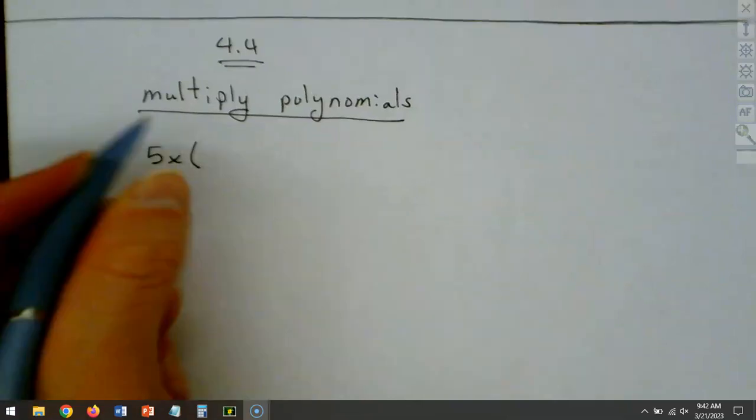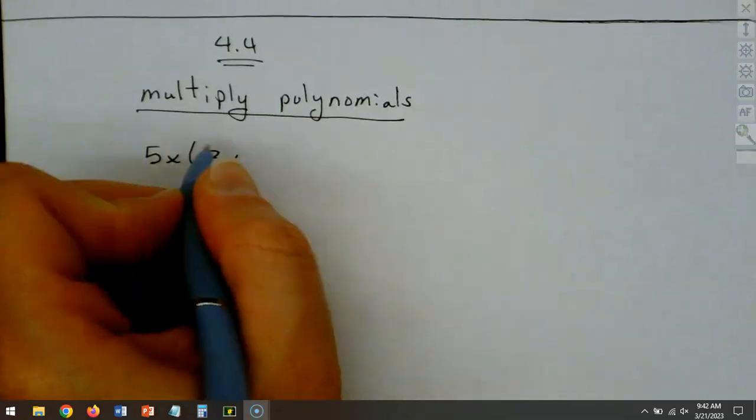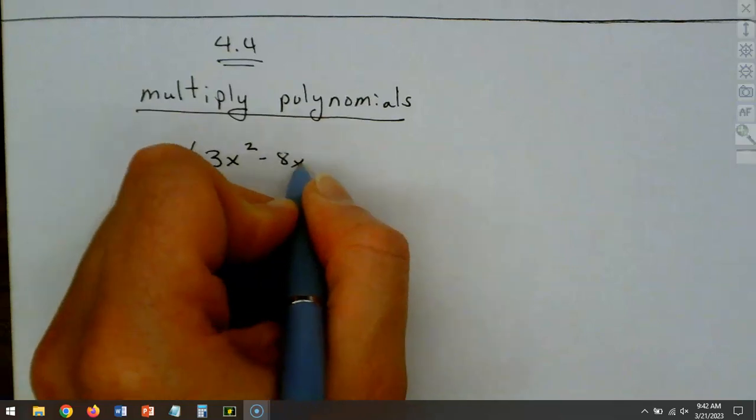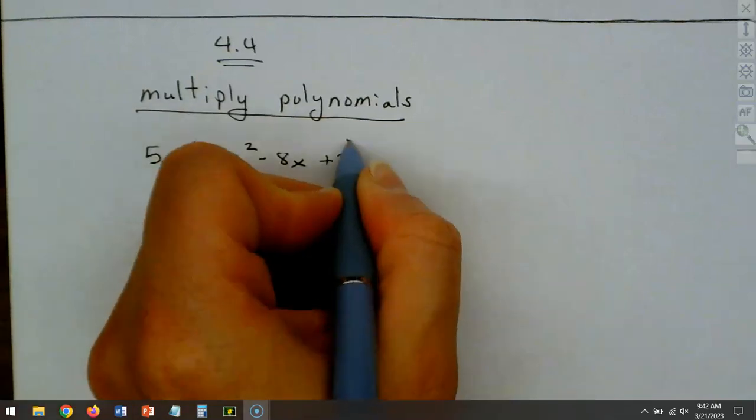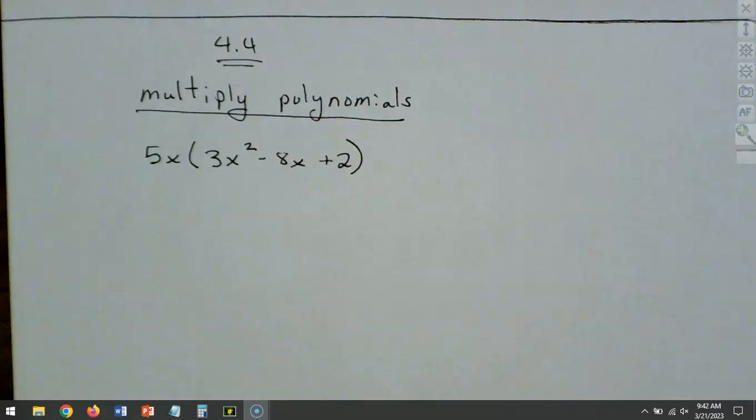We'll just start with the simpler one first. This section is very easy. You probably have done this before. Well, we need to go ahead and multiply out this polynomial. So what we're going to do is we're going to distribute that 5x through.